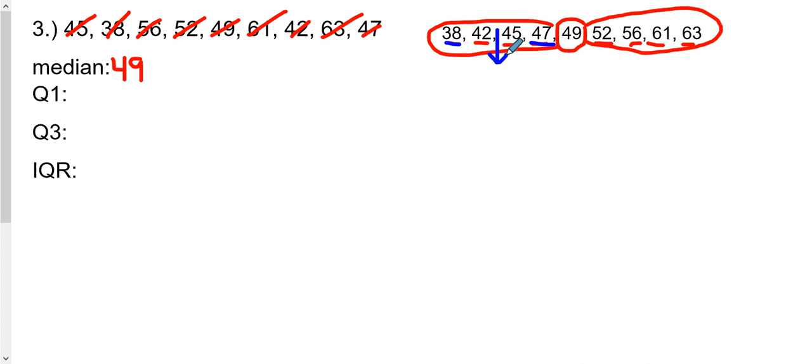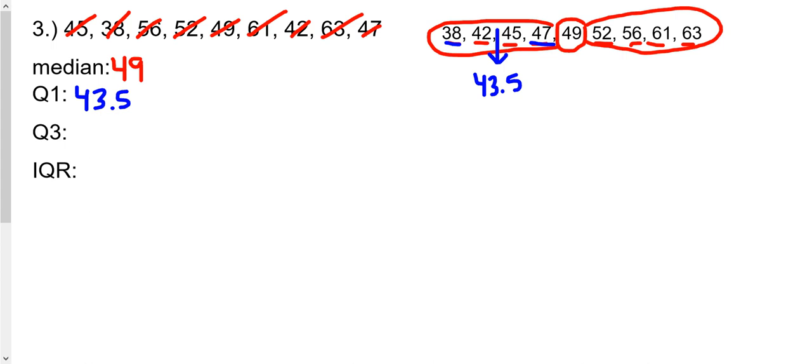So that Q1 is going to be between 42 and 45. And when I take 42 plus 45, I get 87. And 87 divided by 2 gives us 43.5. So my Q1 here is 43 and 1/2. Okay.